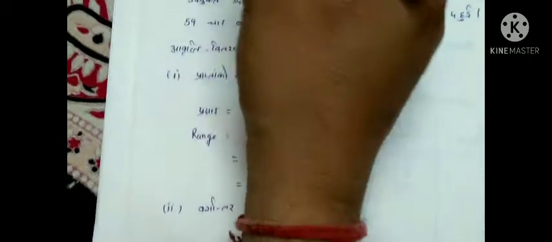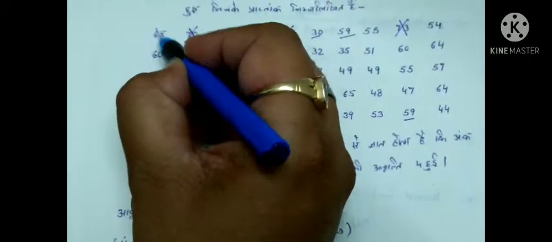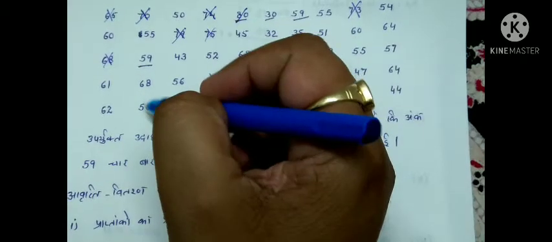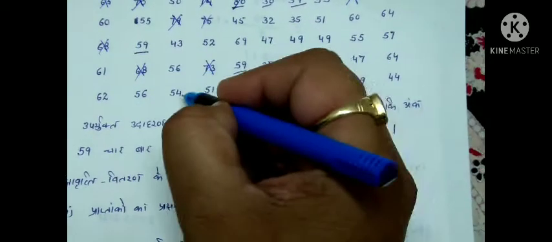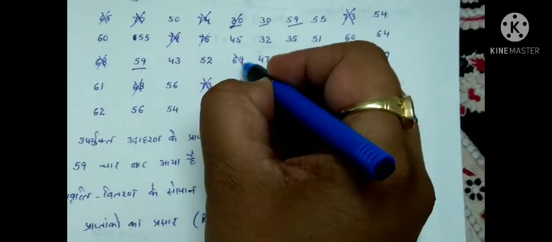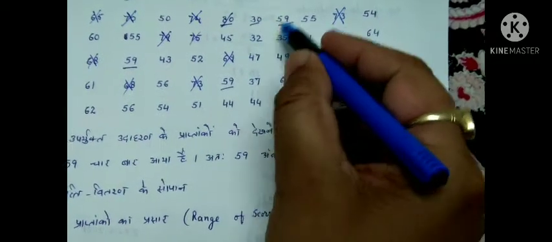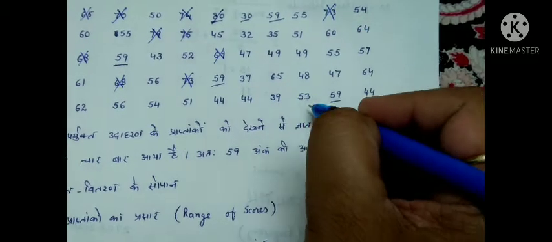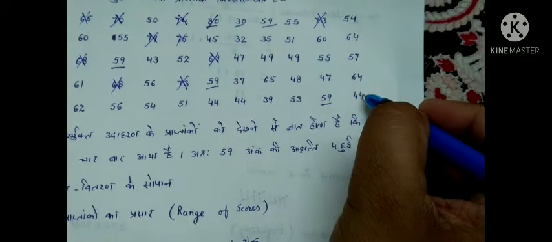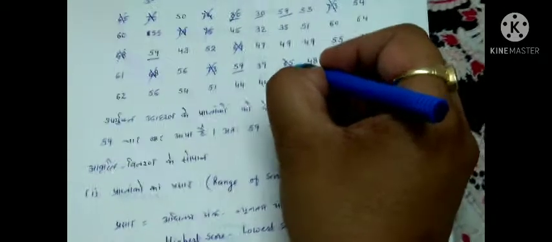Now the next class interval is 65 to 69. 1, 2, 3, 4, and one more is this, 5.